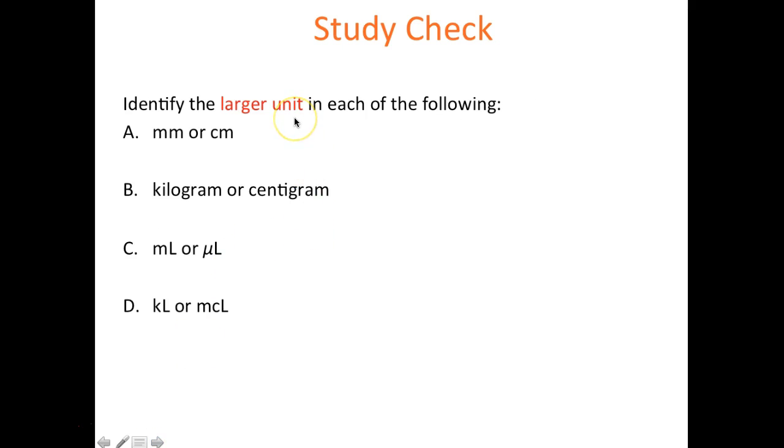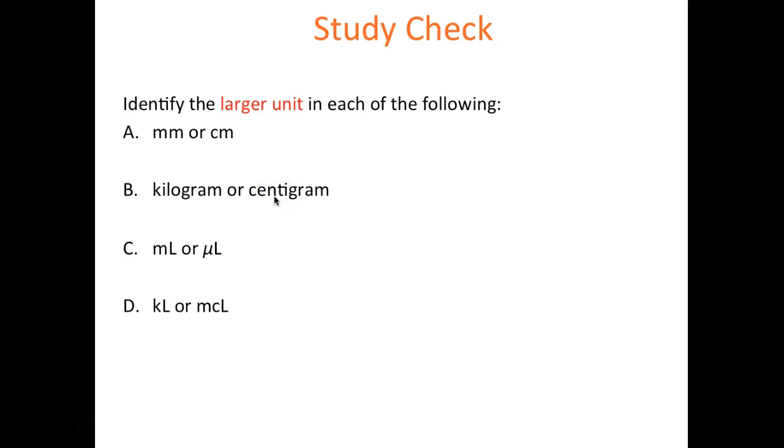Identify the larger unit in each of the following: millimeter or centimeter. There are 10 millimeters in a centimeter, so the centimeter is the larger unit. Kilogram or centigram.